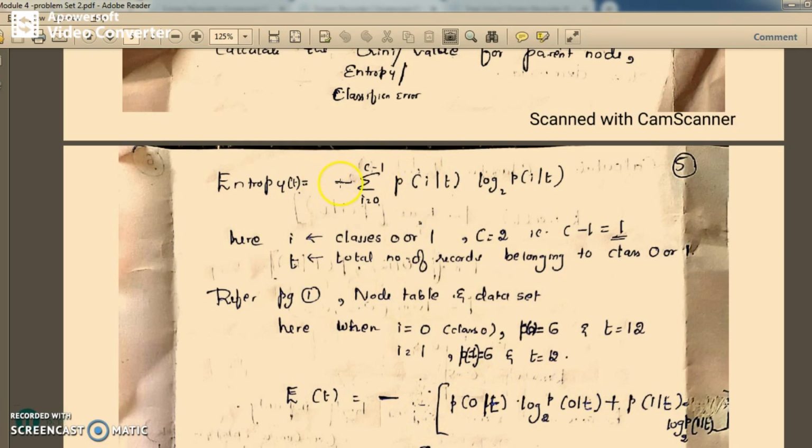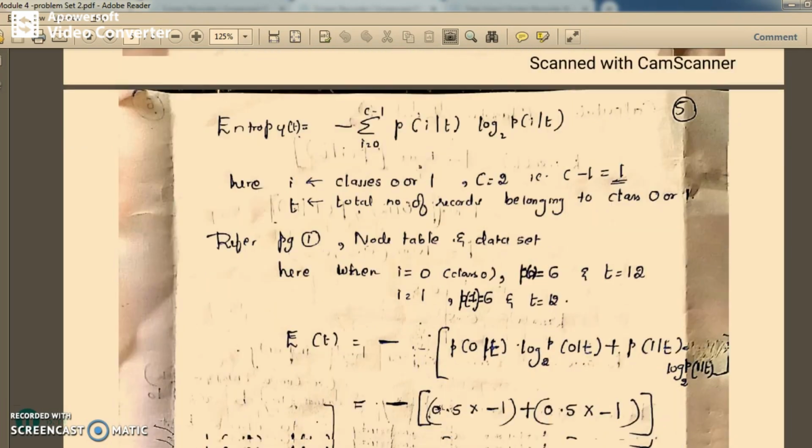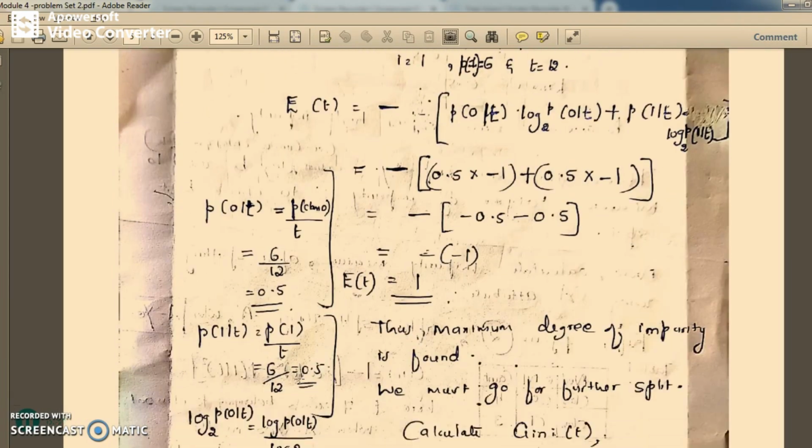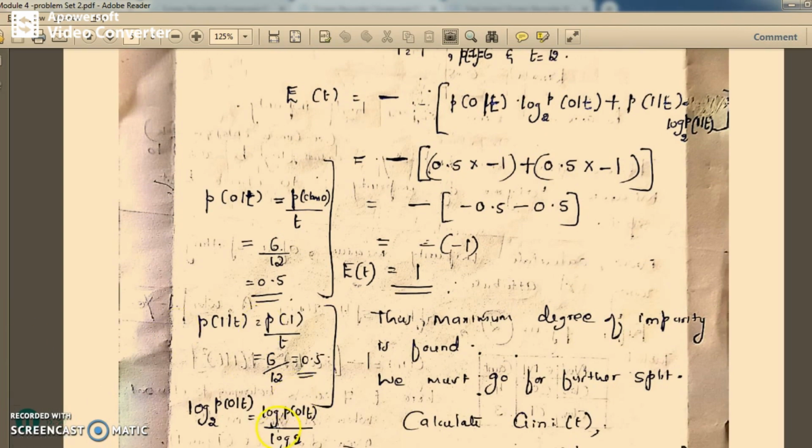And the minus sign you keep outside. Remember, this is for the parent node that we are calculating. So 0.5 into logarithm of this. How do you compute this? Logarithm of the fraction of class 0 records divided by logarithm of 2. That is how you compute. I have written it separately on the left-hand side. Logarithm of the fraction of records divided by logarithm of 2. This is how you compute it separately and get the answer.